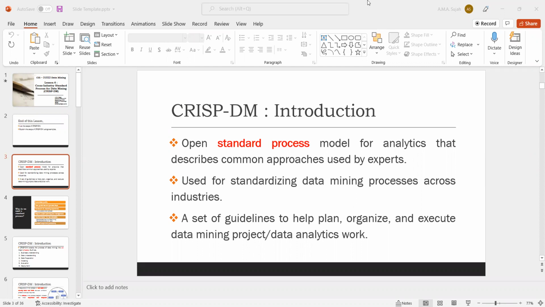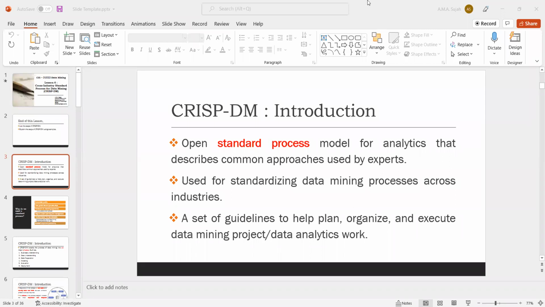What will happen if you don't follow any standard process? You don't have any order or sequence to achieve your task. Sometimes you make errors in your measurements or calculations, and as a result you can get different results. Whenever you apply a standard process, you can avoid those things. There are sequential steps: you do these steps after this one, and you continue with these after this.